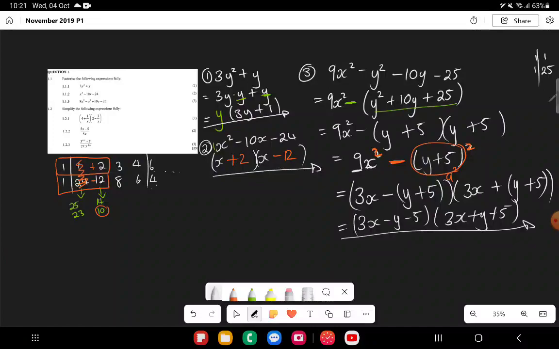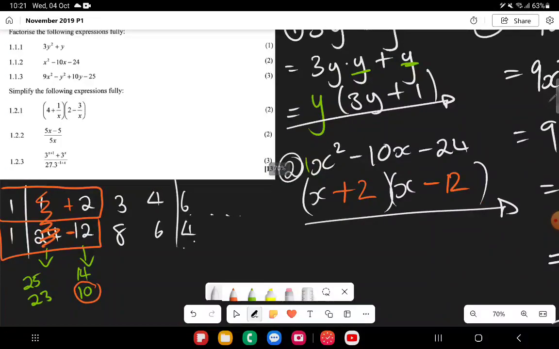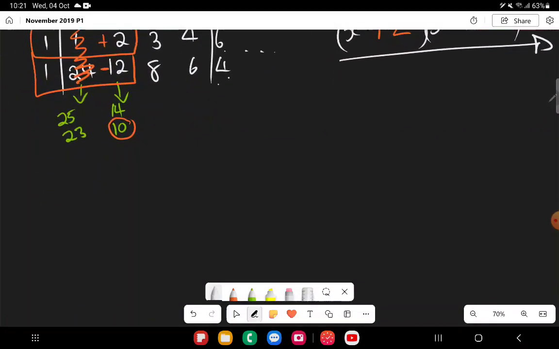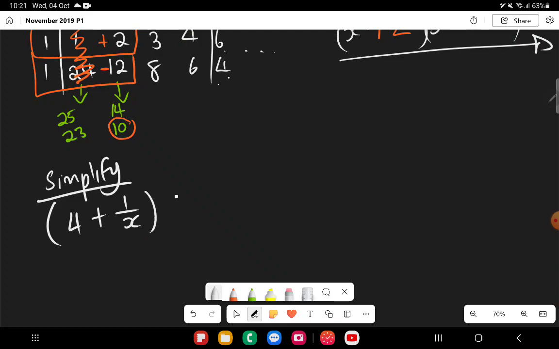Okay. Let's try 1.1.2, which is simplify. So this all was factorized. Next question is simplify. So we've got these two expressions, or these two brackets in the expression. So now we're going to simplify. And I'm going to write it from my paper copy. I've got 4 plus 1 over x multiplied by 2 minus 3 over x.